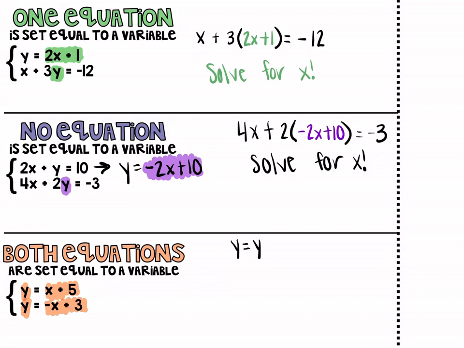So instead, I'm going to replace those as x plus 5 equals negative x plus 3, okay? Both of them are equal to each other. And now we're going to solve for x. Okay, now we're not actually going to do that for this system. You can if you want to on your own free time. We're just not going to for this video.